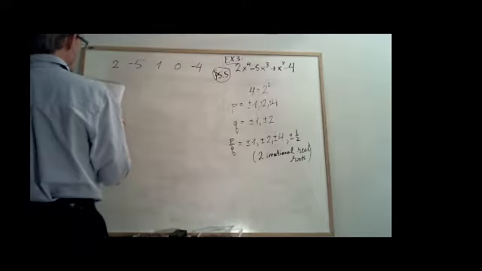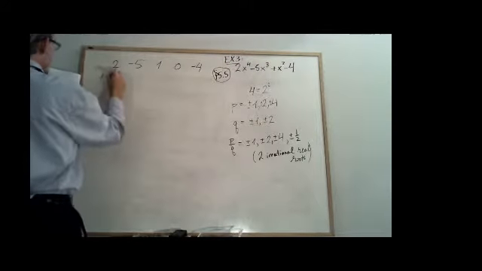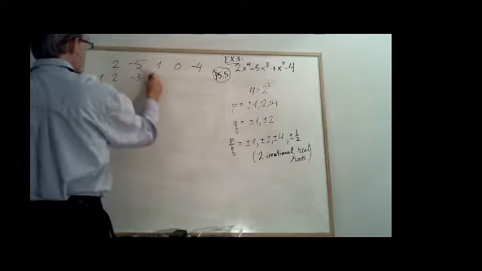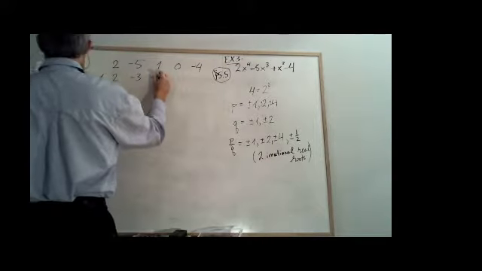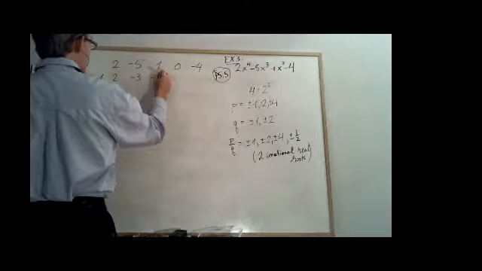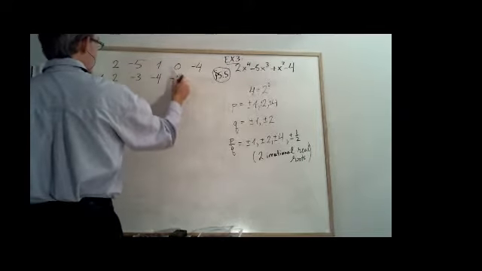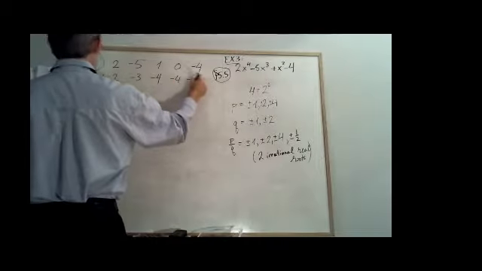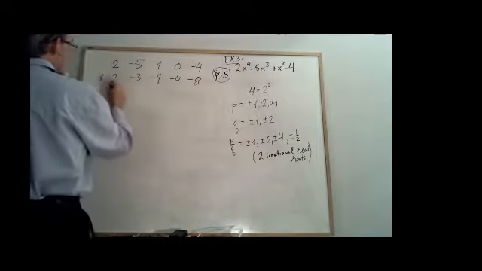So what I did was I tried 1 and I got 2, minus 3. I'll just go quickly through this. Minus, I made a mistake here. It should be minus 4, and then minus 8. So that's not a 0.